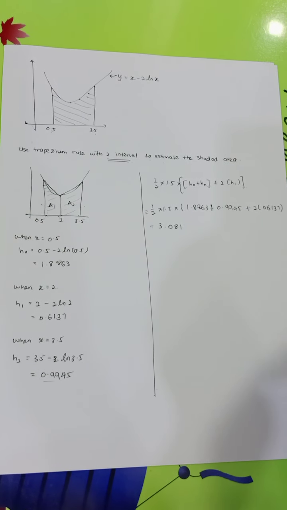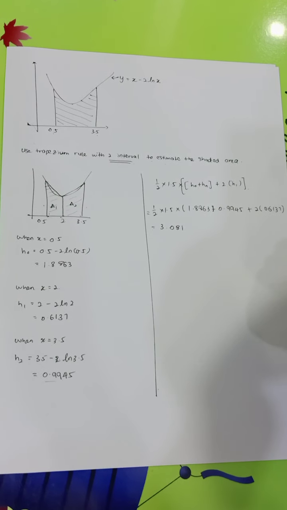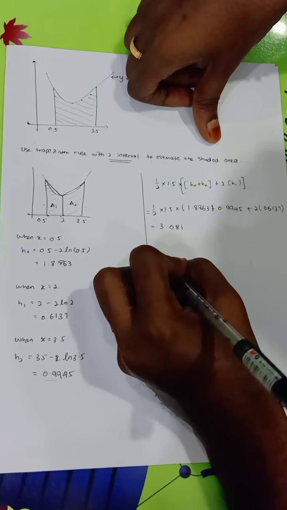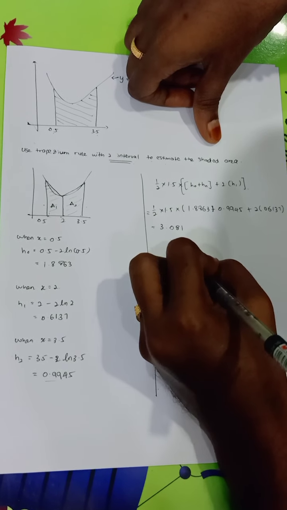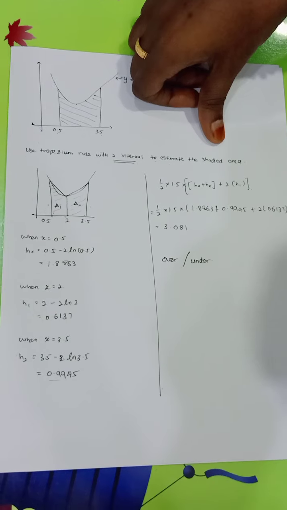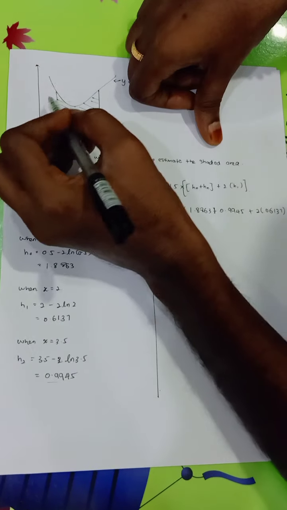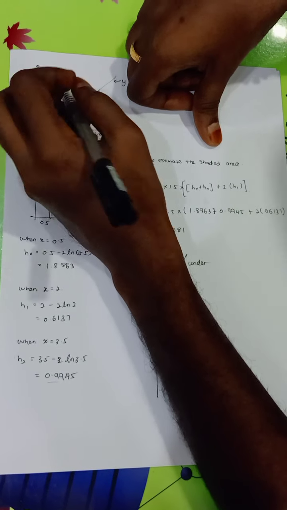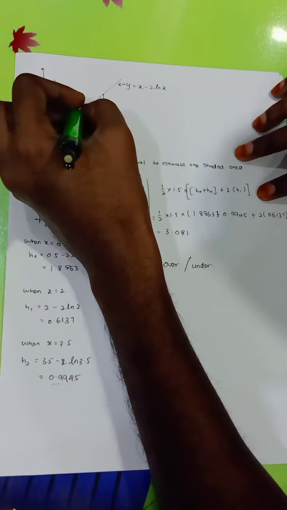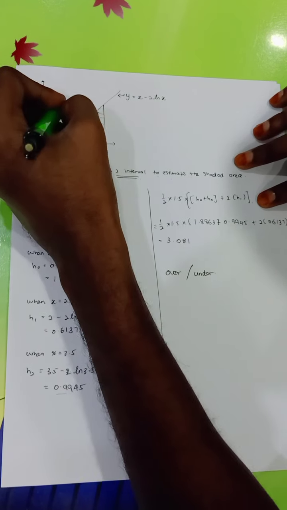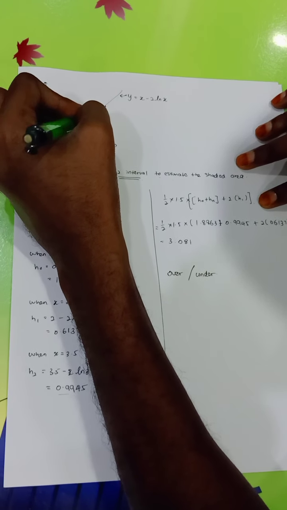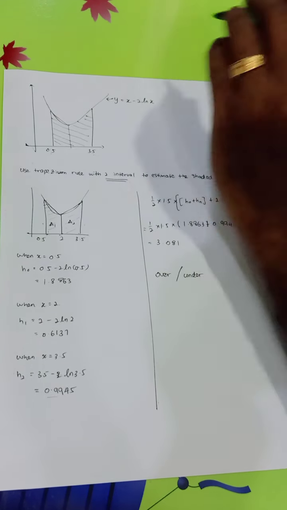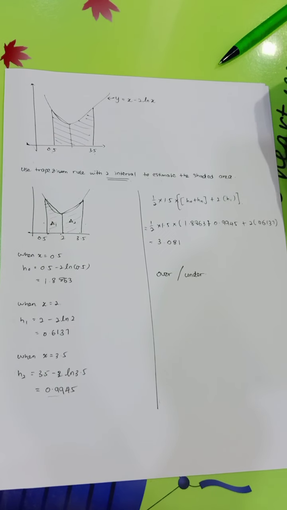Now when we do the estimation, it can be either overestimated or underestimated. For example, in this case I need only this region, but when I draw the line and then draw the trapezium, the area of the trapezium is beyond the curve, so we call this overestimated.